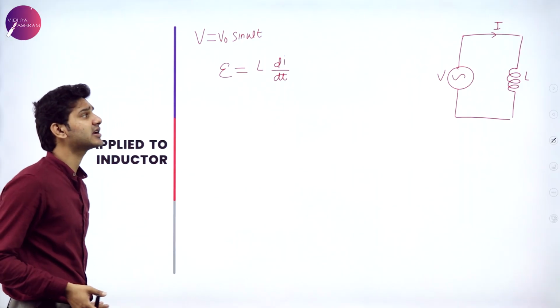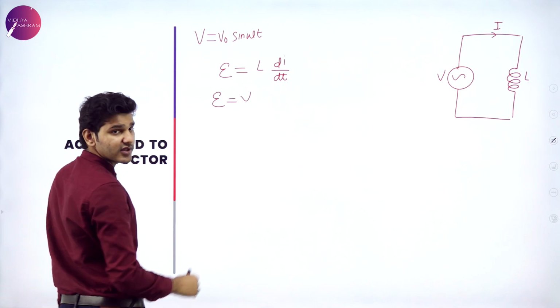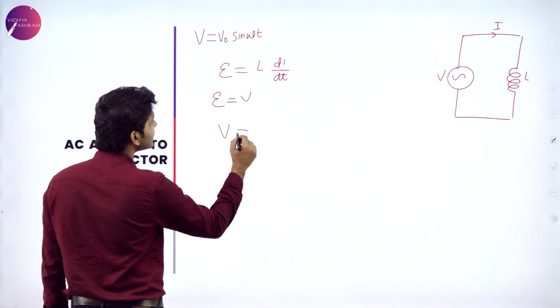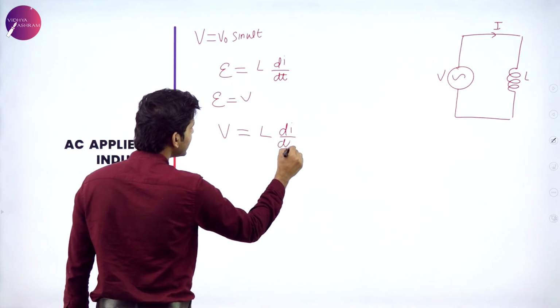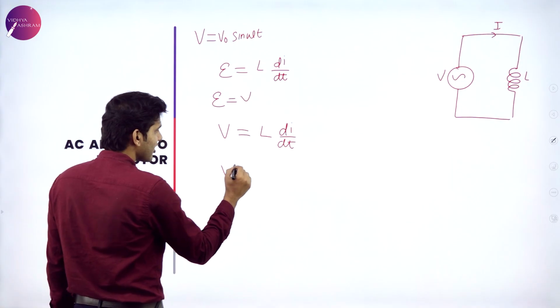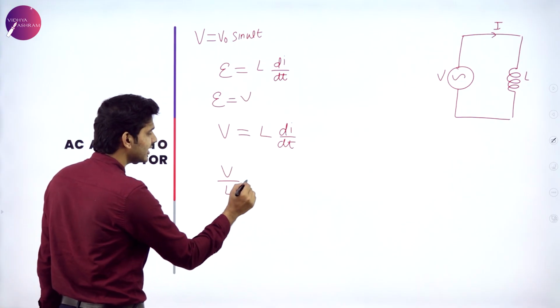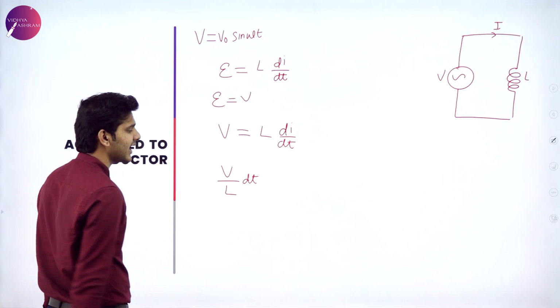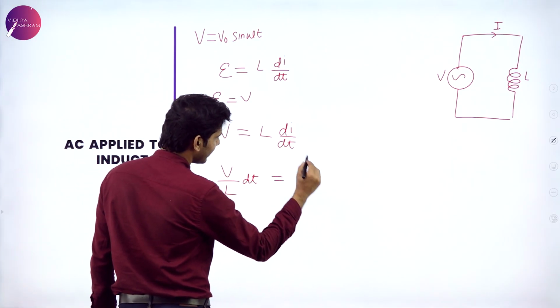So in this case, we can say that E is equal to V, which means V is equal to L di divided by dt. Making a slight rearrangement, I can write V divided by L into dt is equal to di.